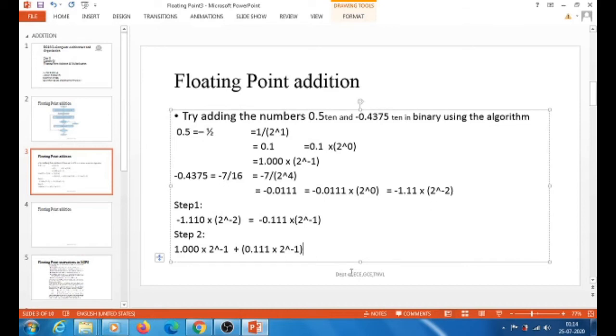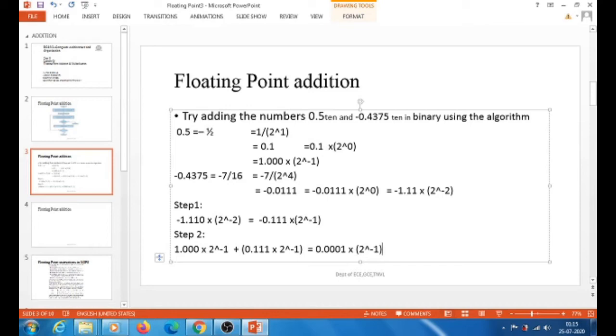So if I add like this, I have added these two. That is, first thing is 1.000 into 2 raised to minus 1, then 0.111 into 2 raised to minus 1, which is equal to 0.0001 into 2 power minus 1.